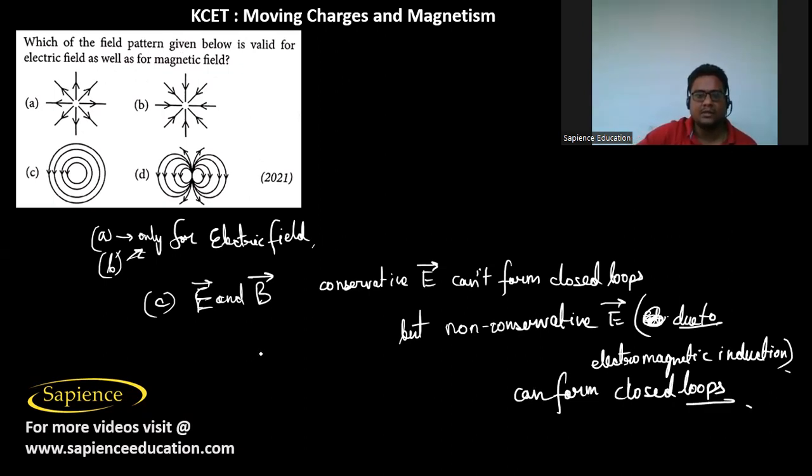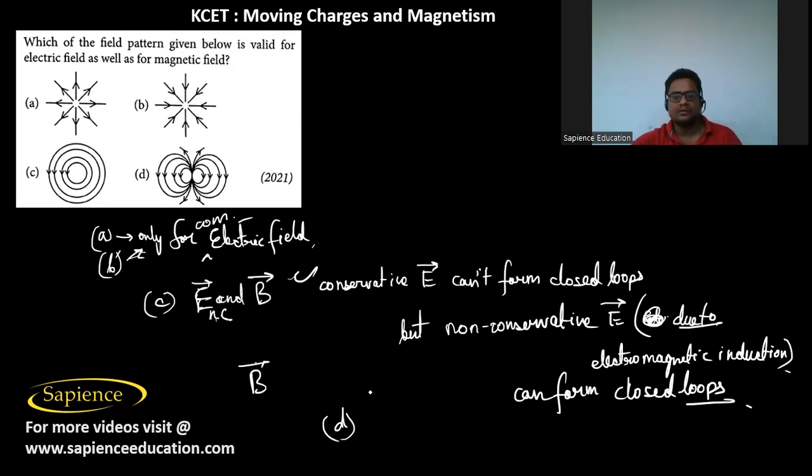And we know that the magnetic field can form closed loops. So it can be for a non-conservative electric field and for a magnetic field. Options A and B are applicable only for a conservative electric field. And option D is applicable neither for electric field nor for magnetic field.